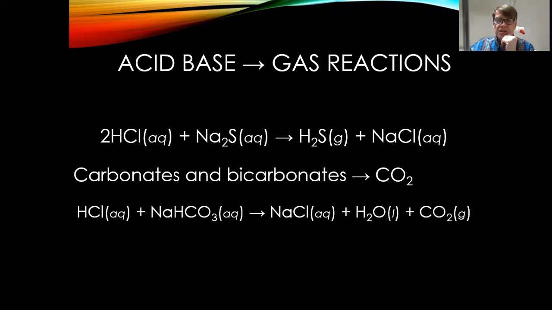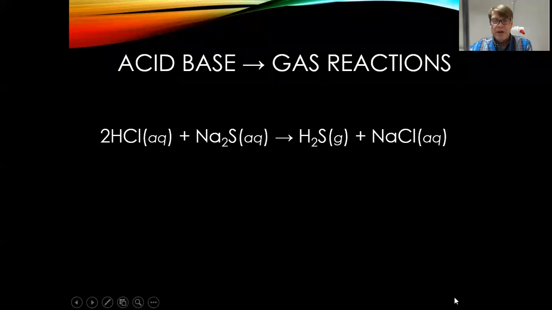Okay, let's finish this with acid-base yielding gas reactions. Let me get my unfolder working here. All right, now that's better. So here's an acid-base reaction, an exchange reaction. So we start off with 2 hydrochloric acids and sodium sulfide, and they're both in solution. And what's going to happen is the hydrogen is going to pair up with the sulfide, and we're going to get hydrogen sulfide gas.